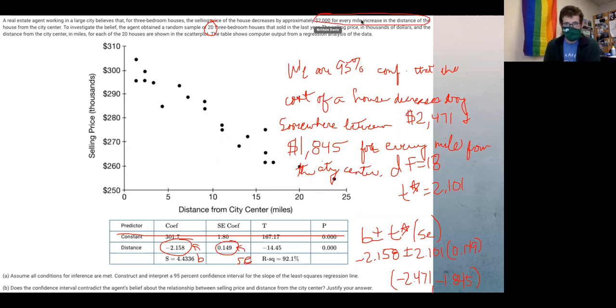So the decrease is $2,000 for every 1 mile increase from the city center. So our confidence interval does not contradict it. So we can write something to that effect. Because the $2,000 per mile is within our confidence interval, we have not contradicted this agent's belief. Okay.